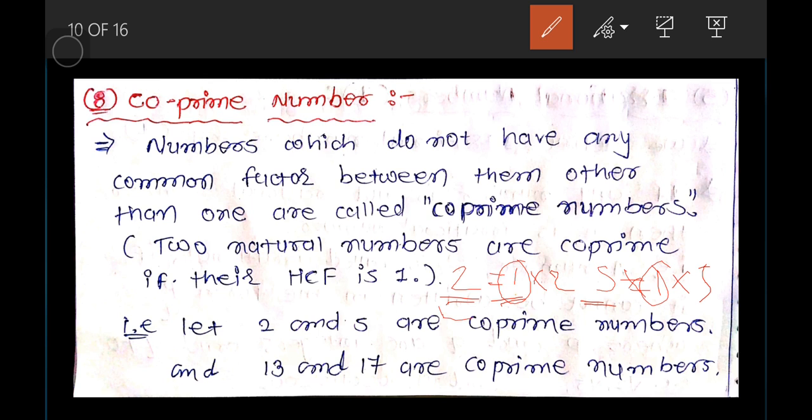So you can say that 2 and 5 are coprimes because we cannot find any common factor from both the numbers other than 1. So we can say that these two numbers are coprime.